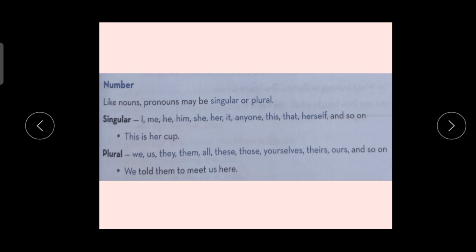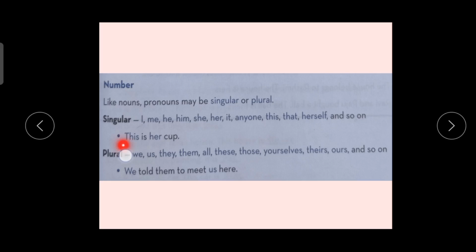Dear students, if we talk about the number of pronouns, we get to know that they can be singular or plural in number. If we are talking about a single person, we always use singular pronouns. For example, I, me, he, him, she, her, it, anyone, this, that, herself, and so on.